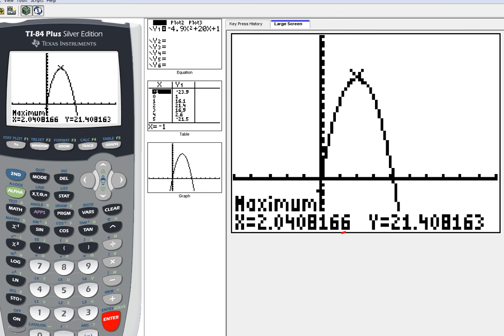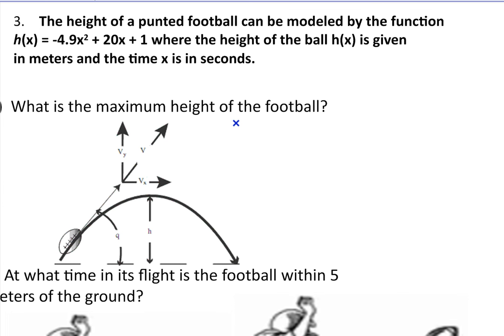So I get y equals 21.41 meters. So they asked me, what is the maximum height of the football? And I'm going to say max height is approximately 21.41 meters.